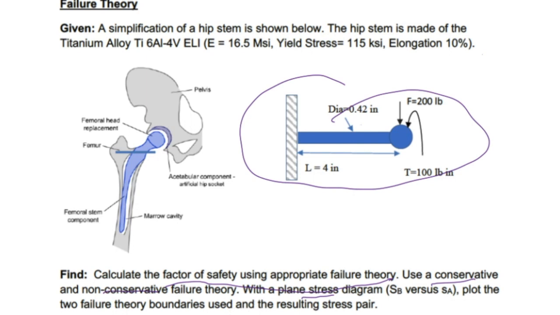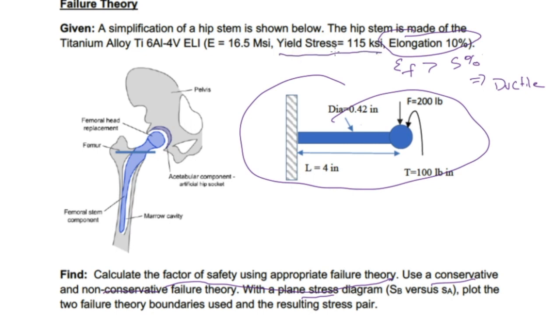So the first question, when we are trying to figure out what failure theory to use, is what is our elongation of failure? In this case, our elongation of failure is greater than 5%, so therefore we should be using a ductile theory. And the second question, when we go the ductile theory route, do we have a different compressive yield stress? And in this case, we don't.